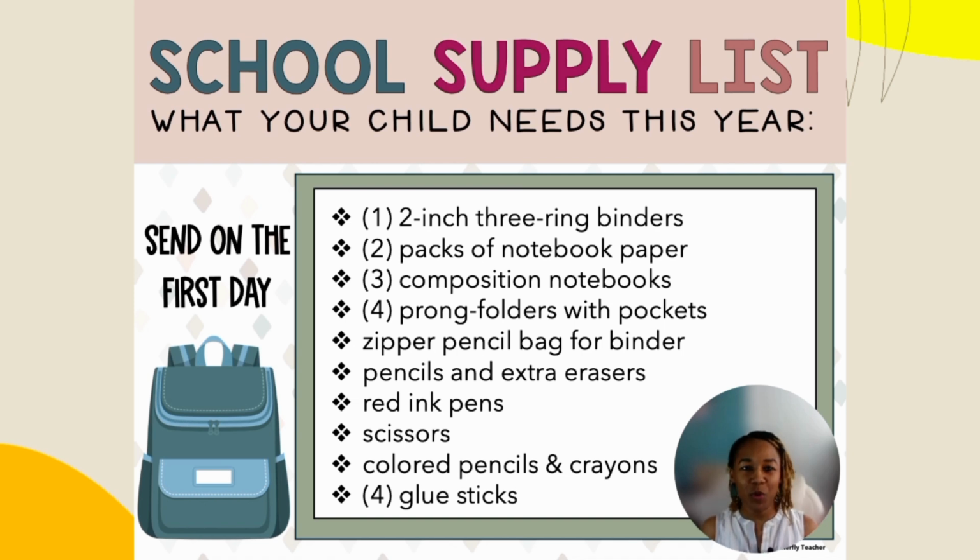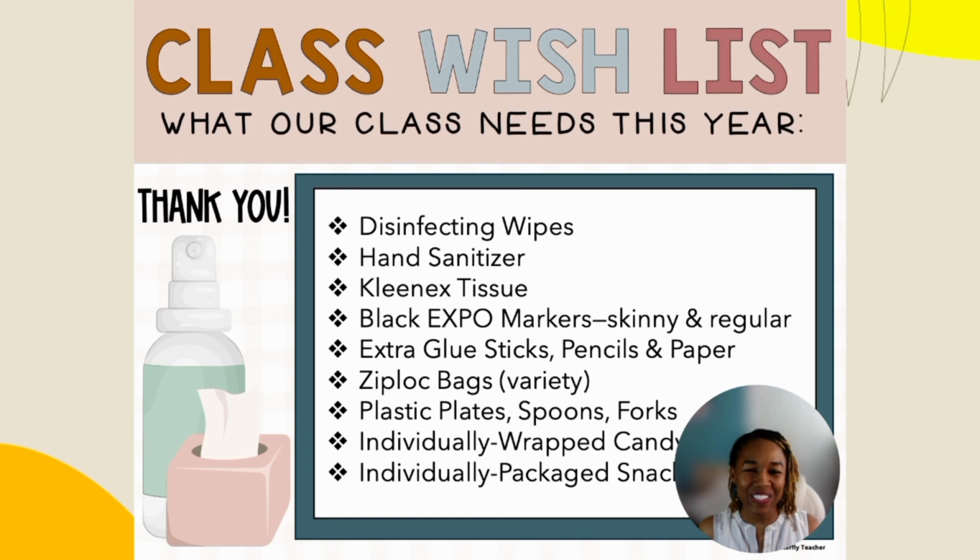But number 4, I always include in my open house slideshow school supplies. Parents want to know exactly what their kid will need in your class for the year, so make it crystal clear and upfront during open house. And I always will include a wish list to go with it.